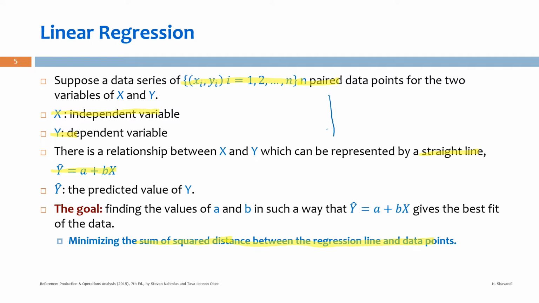So let's say here is the x and y, and let's say we have these data points here. Okay, these are our data points. And we're going to estimate this relationship with a straight line.